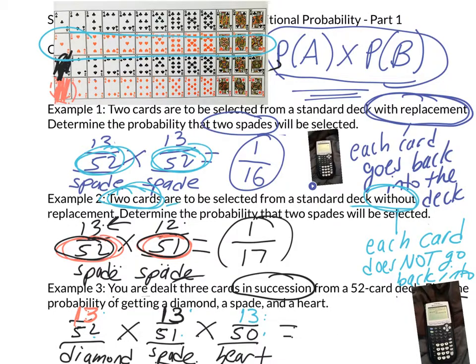First, in your graphing calculator, you would do 13 times 13 times the other 13, or 13 raised to the third power. And when you do that, you get 2,197.